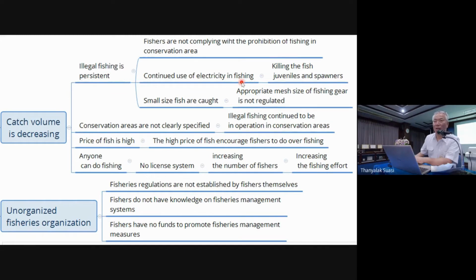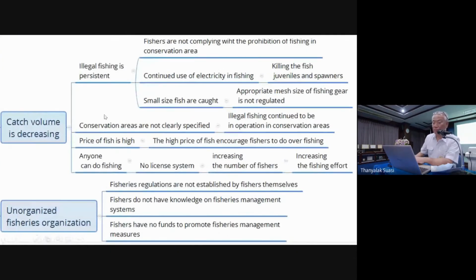It's electric shock fishing, very dangerous, and it kills fish, juvenile fish, and spawner fish also. This is what fishermen are using. And small-size fishing gears are used. There is no restriction on the mesh size of fishing gears. And that's the reason.